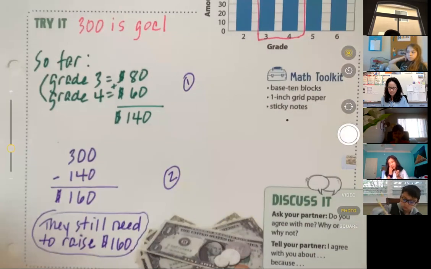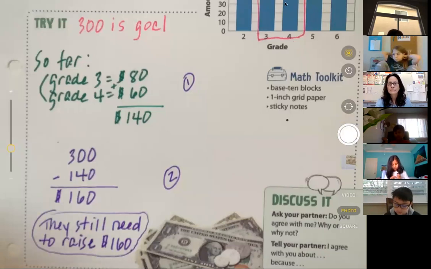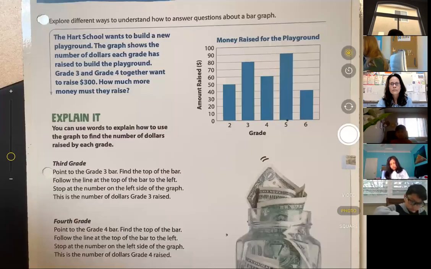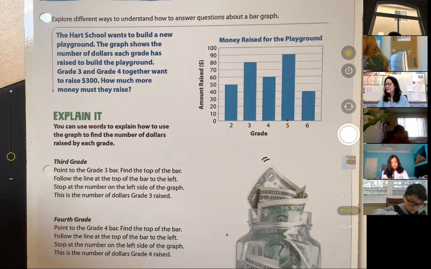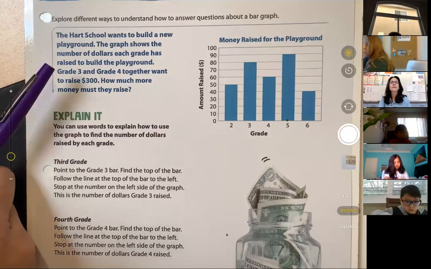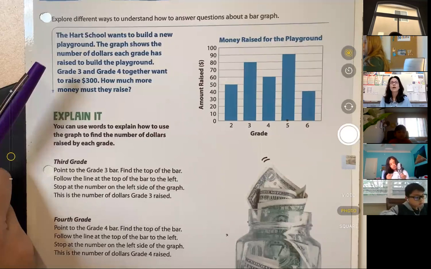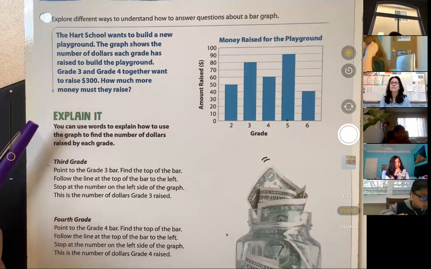I'm going to give you a moment to get all of those notes written down before we proceed to page 426. All right, we are now on page 426. Again, up at the top, we're talking about Hart School. We're going to go a little deeper in our explanation.